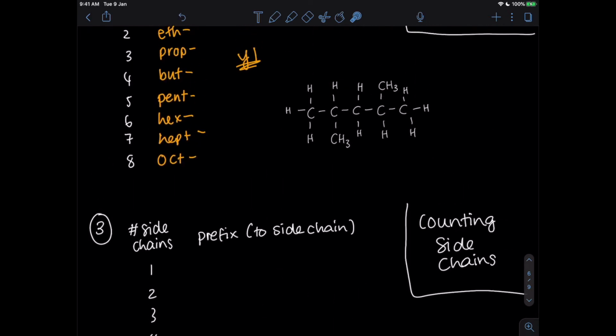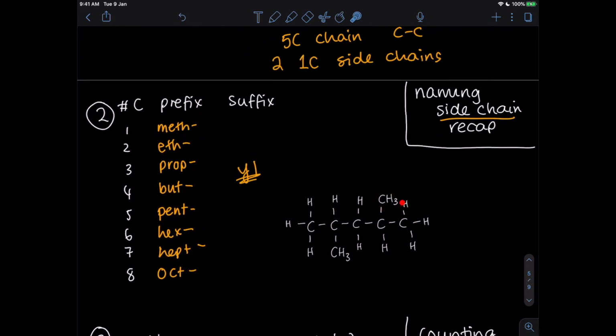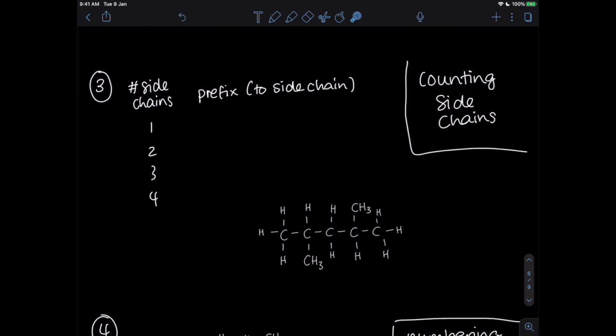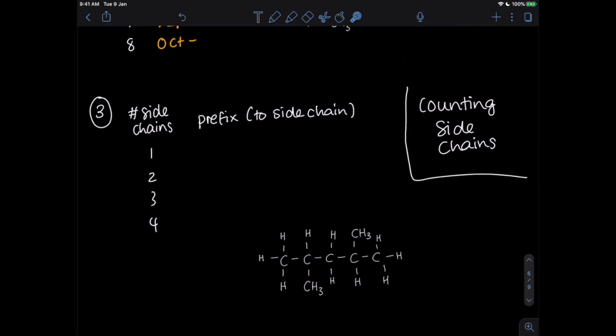Our next step, so we've worked out how to say what type of side chain we have. Our next step is to tell our reader that there are 2 side chains, and that they're the same. So we have a way of counting side chains, saying how many we have, which is different to counting numbers of carbons, because we're now counting groups of things.